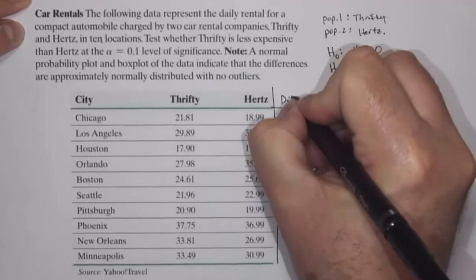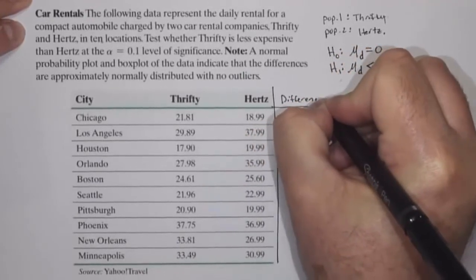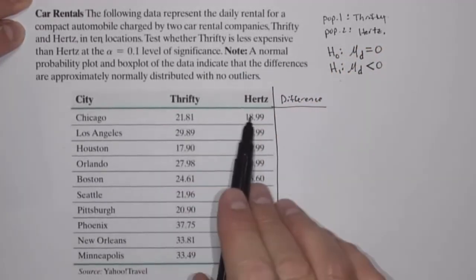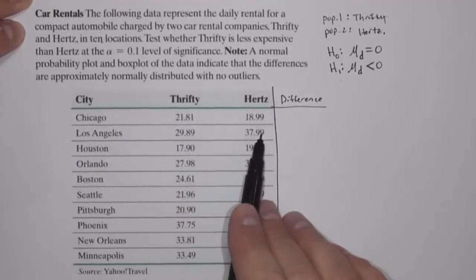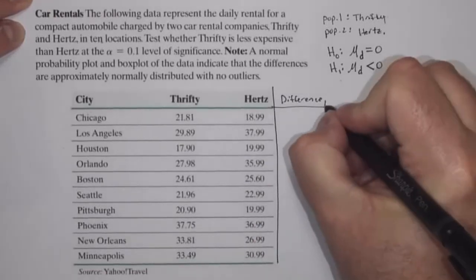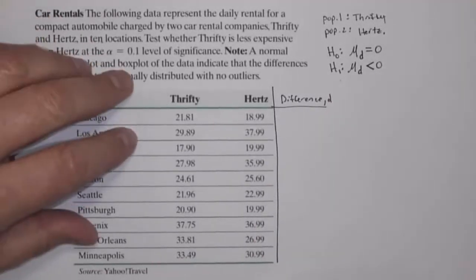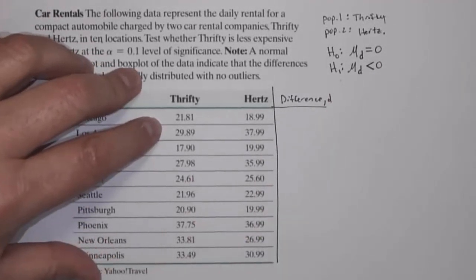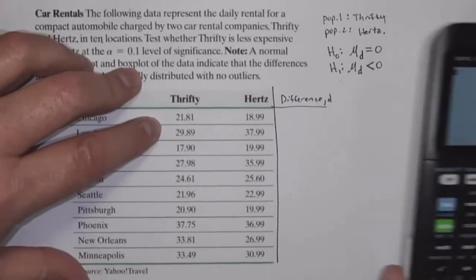And so what the differences would be, literally, if I take Thrifty minus Hertz, Thrifty minus Hertz, and so on, that's going to give our differences D. Now I'm going to find those differences, but I'm going to use the calculator to do that.